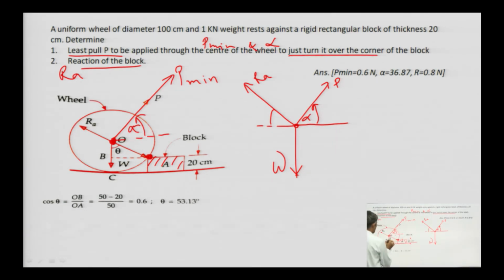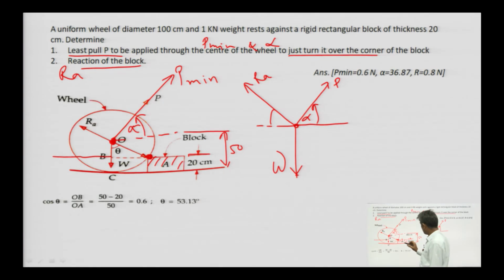And this one angle we need to find out how it can be. This is 20, and this total is how much? 50 it is given. Okay, it is 50 given. So, the value of theta, if this angle is theta, then what will be here? Extend this line, and this angle here we need to calculate.